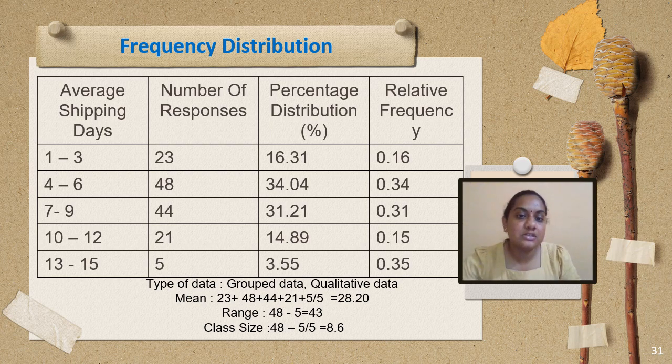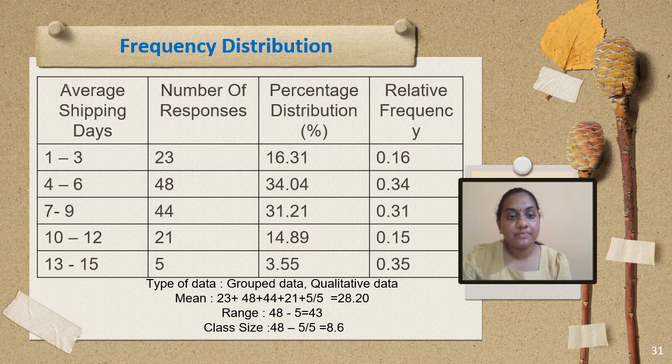So for the percentage distribution, we can look over here. The highest defined by respondents is 34.04%, which means the average shipping days is from 4 to 6 days.